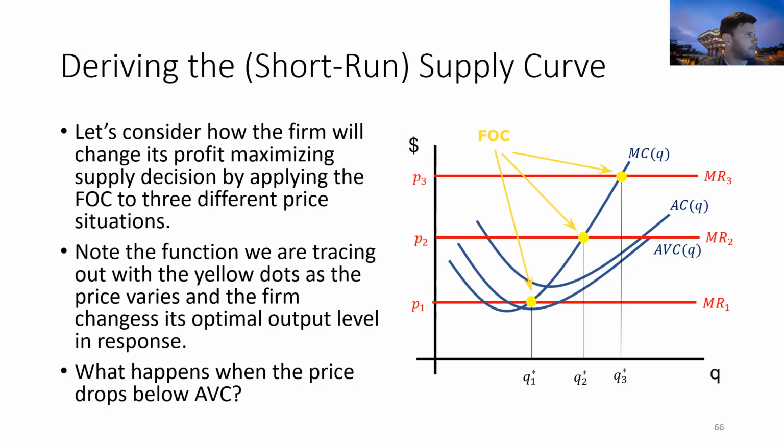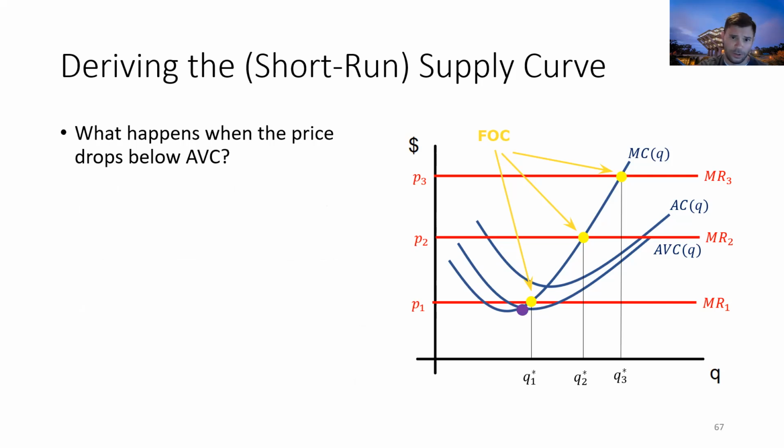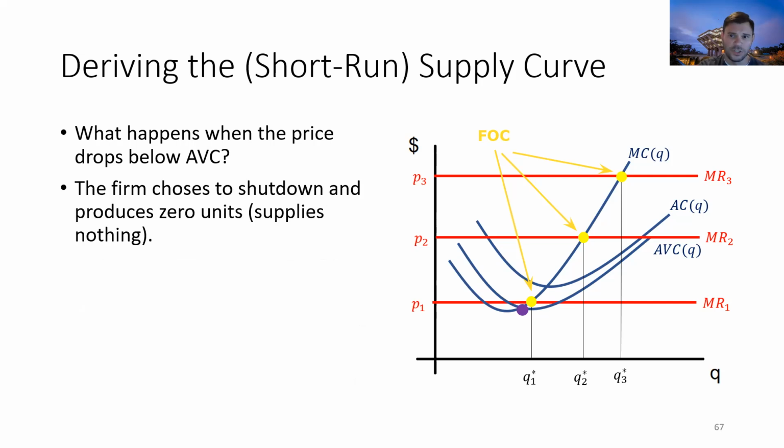So if the price falls below that purple point, the minimum of the AVC, it's not a perfect diagram, don't worry about the scale of it. But if the firm chooses to shut down, then when the price is any lower than that purple point, we're not going to be tracing out the marginal cost curve anymore. We're going to be tracing out what? Yeah, we're going to jump and be up against the axis at 0.